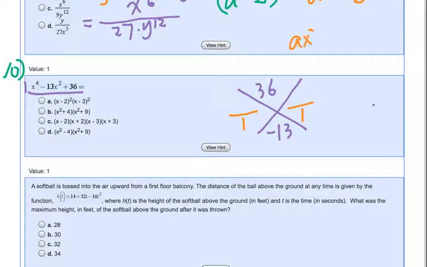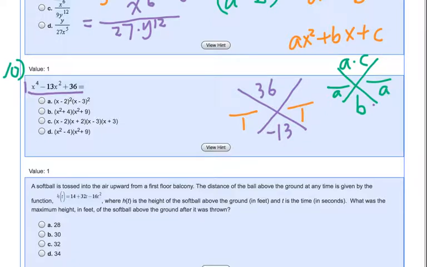If I have ax squared plus bx plus c, if you need to factor this quadratic function, you can set up like this: a times c at the top and b at the bottom. Then it's over a, over a.